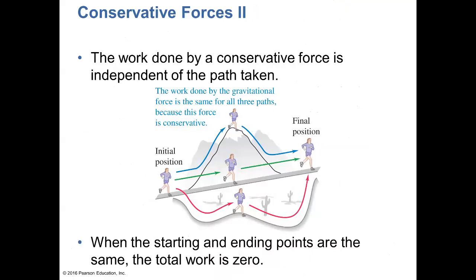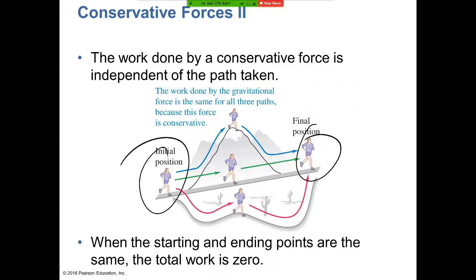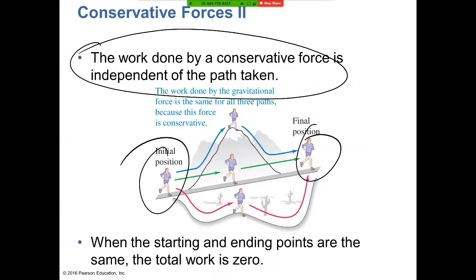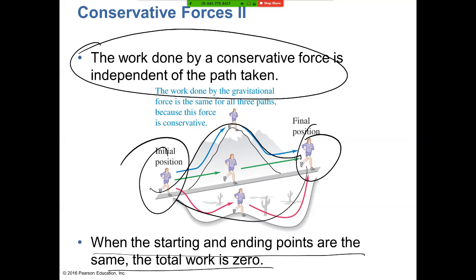One very important thing about conservative forces is that, as I mentioned, a conservative force is independent of the path. When you go from your initial position to your final position, it doesn't matter how you go there. So all you care about is energy before, energy after. And if you calculate going one direction and then coming back in the opposite direction, then for the round trip, only for conservative forces, when the starting and ending points are the same, the total work done is 0.